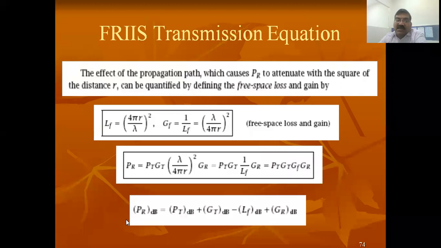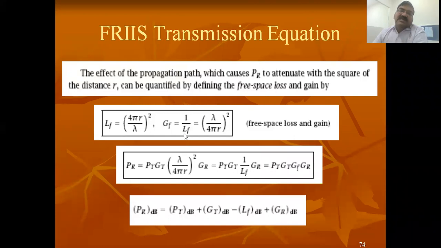Generally, the power is a relative power and it is taken in terms of dB. So for the received power in terms of dB, you can have these two or three equations. LF is equal to 4 pi r by lambda, whole square. This is the free space loss when you are transmitting in free space. Sometimes it is also called the free space gain, which is the inverse of the free space loss.